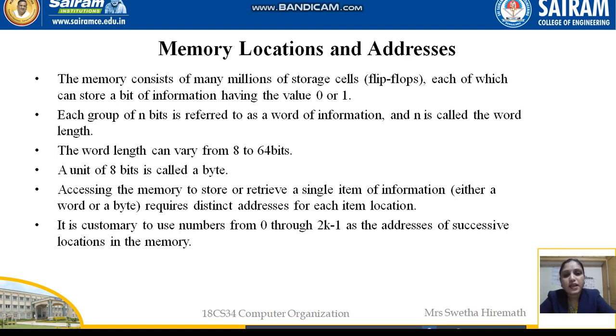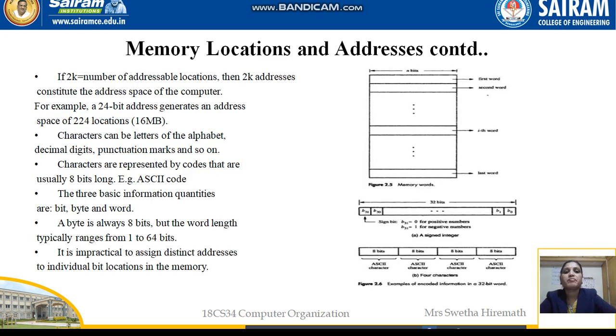Each and every piece of data which we store in the memory will be placed at some particular address, and if we know that address, then we can easily fetch the required data. It is customary to use numbers from 0 to 2 to the power of k minus 1 as the addresses of successive locations in the memory. So here we are making use of the address locations from 0 to 2 to the power of k minus 1.